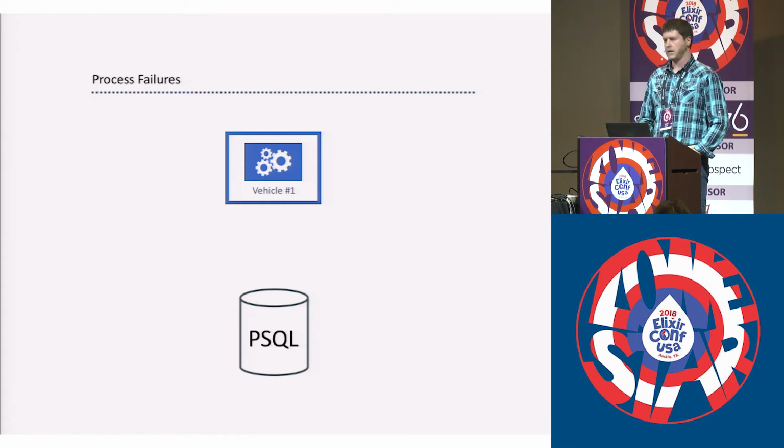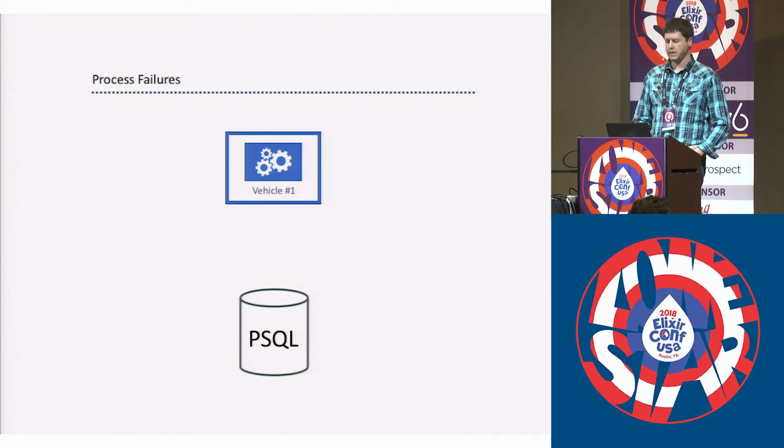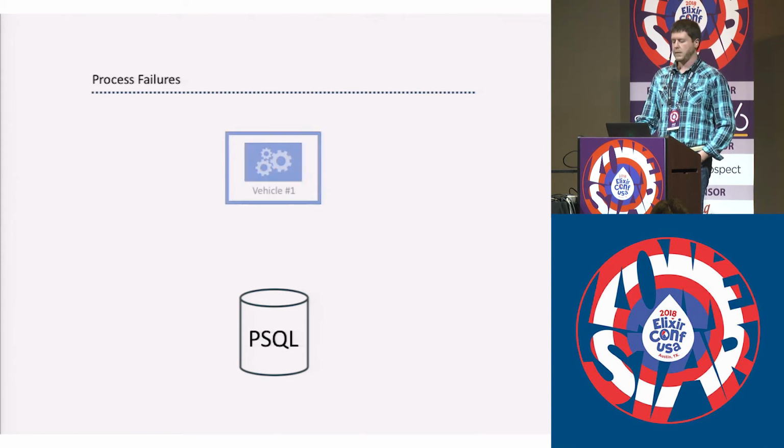Maybe we're doing calculations all the time, and we wouldn't want to save each and every one to the database, but there are some important things we derive from that process that we do want to save. If we save that to our long-term storage and our process crashes, when it comes back up it can read that state from the database again and work out where it needs to pick up from where it was last.